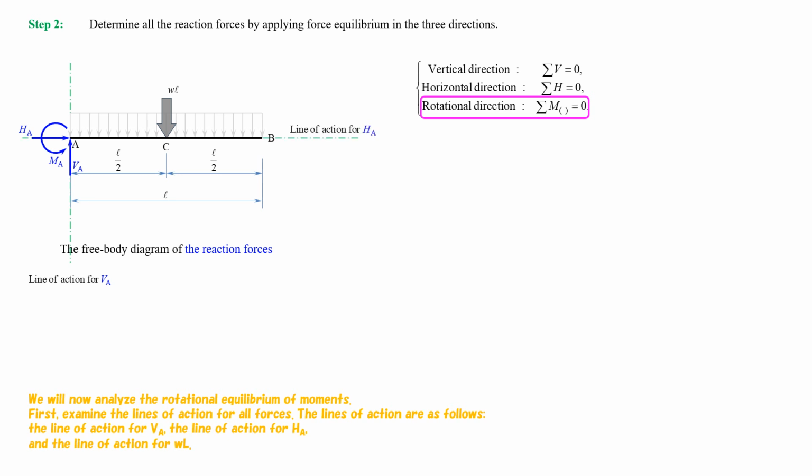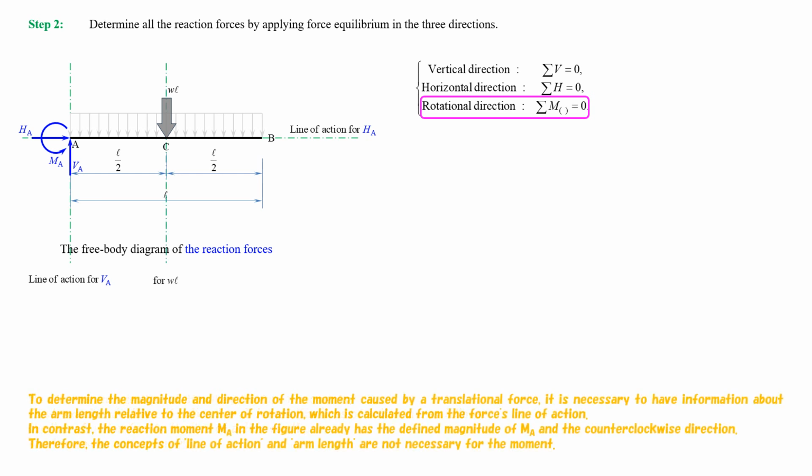And the line of action for W multiplied by L. To determine the magnitude and direction of the moment caused by a translational force, it is necessary to have information about the arm length relative to the center of rotation, which is calculated from the force's line of action. In contrast, the reaction moment MA in the figure already has the defined magnitude of MA and the counterclockwise direction. Therefore, the concepts of line of action and arm length are not necessary for the moment.